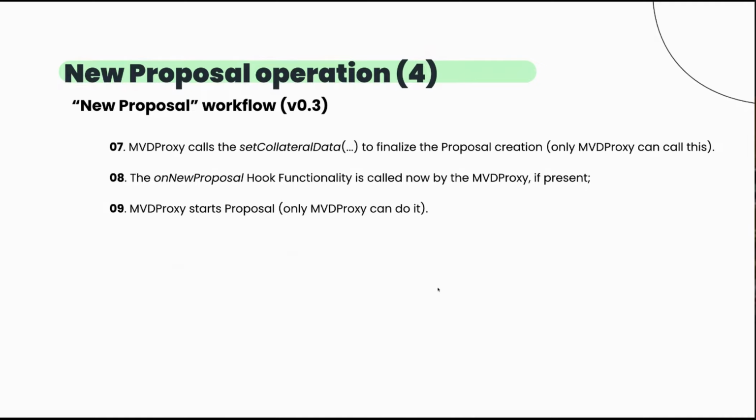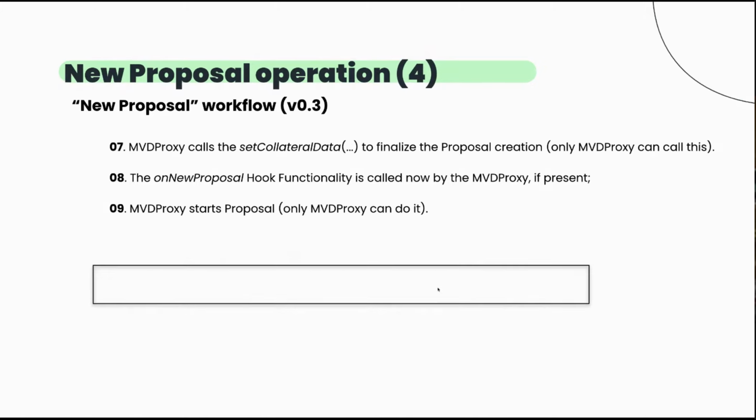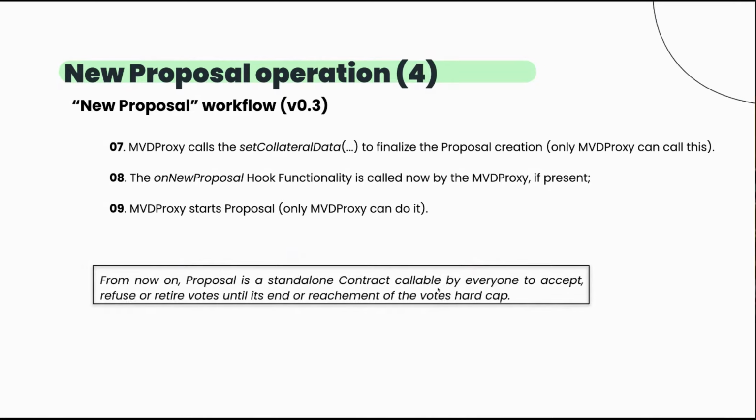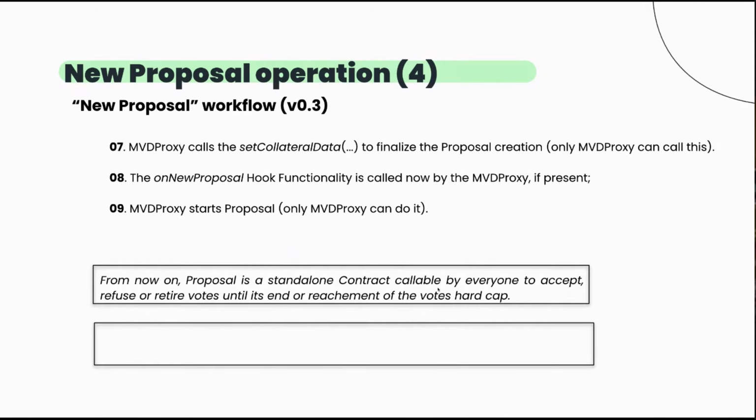So this is the whole scheme, and the main problem in this workflow, in the 0.3, is that we have a standalone contract, because as I said before, every time we are creating a new proposal, we are deploying a new contract.